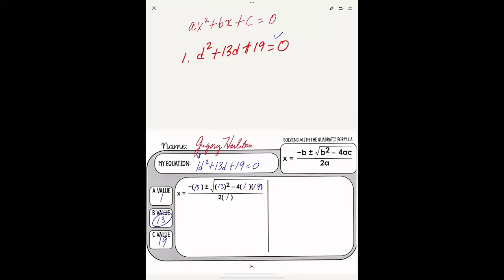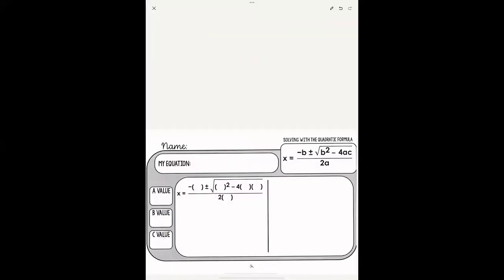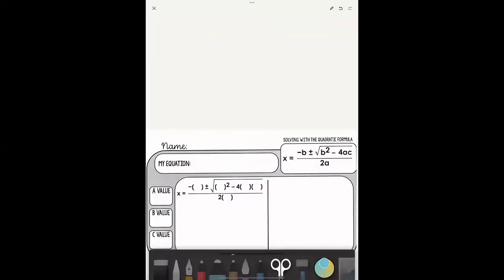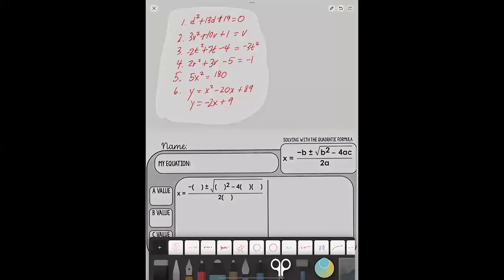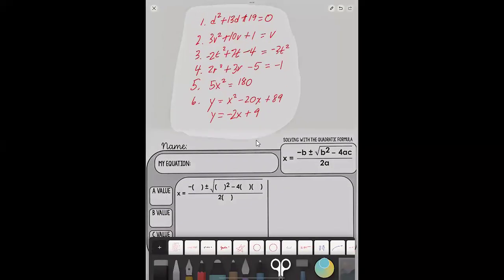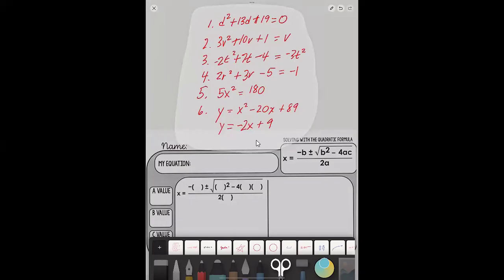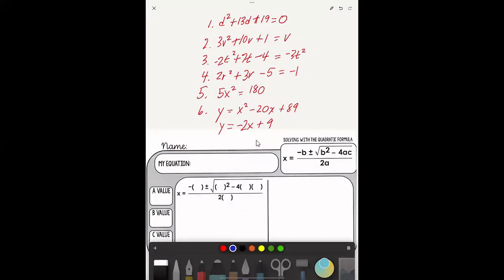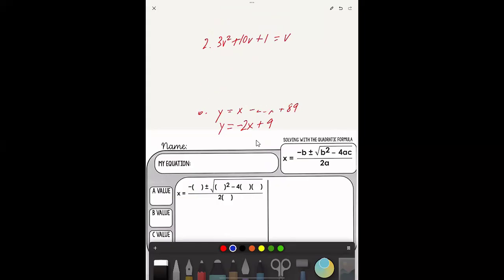All right, now let's go to the next one. I'm going to make this a little larger, and the one that I want is the second one. So I'm going to eliminate all of these other choices. Now this is a quadratic because the highest exponent is 2, but it's not equal to 0. So we've got to subtract v from both sides to make this into the form that we need.